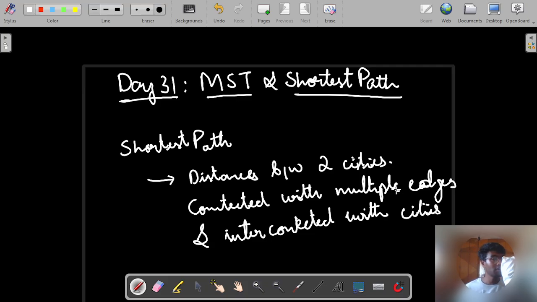So here, vertex or node might be a city, and a distance connecting two cities we can assume as an edge, right?